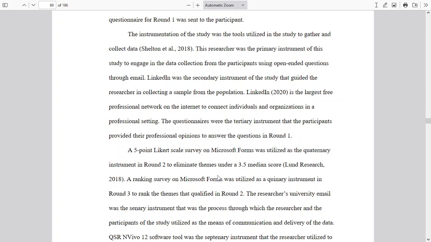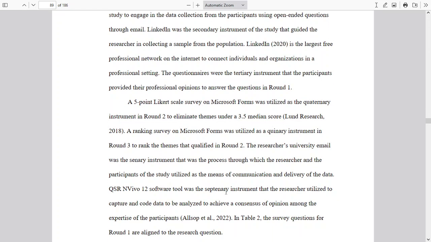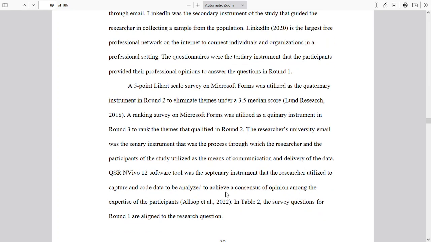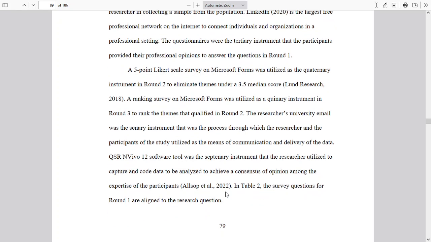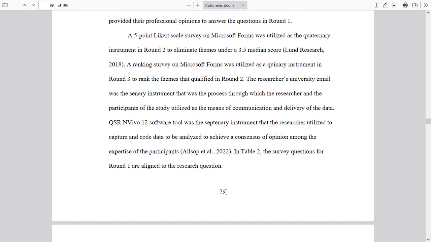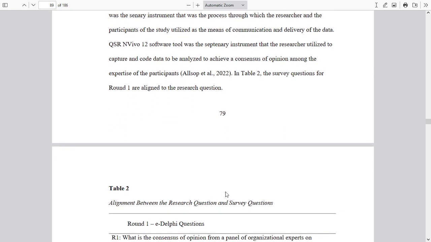Anything under a 3.5 I eliminated. A ranking survey was the 5th instrument. My email was the 6th instrument. NVivo was the 7th instrument. And yeah, that did it.